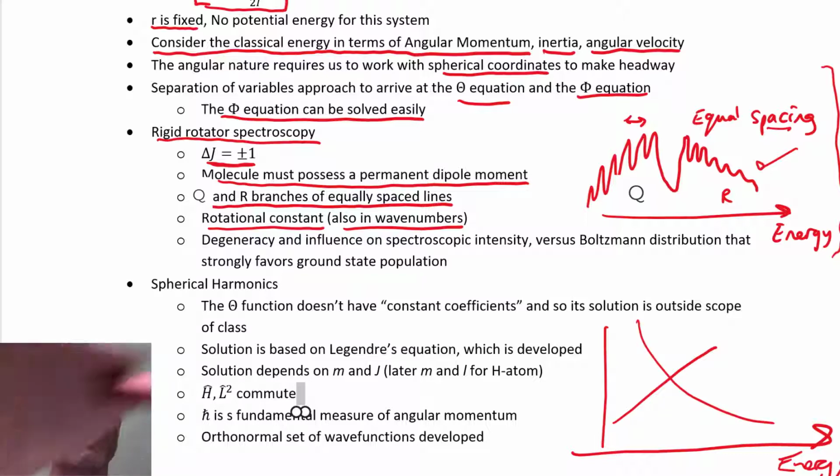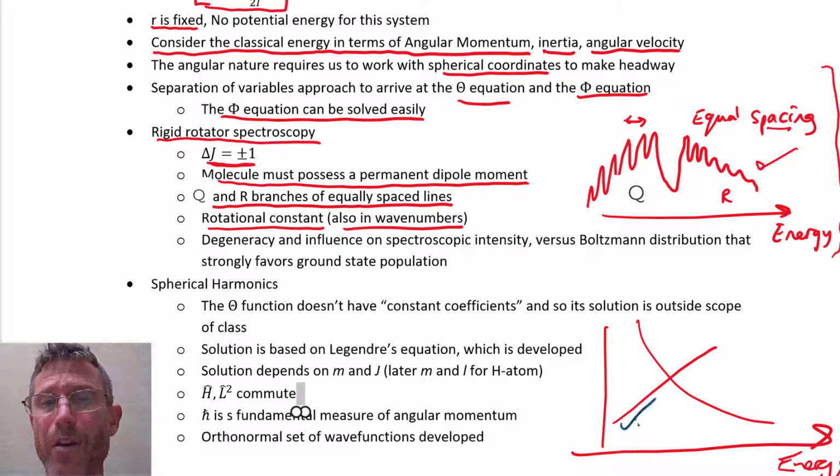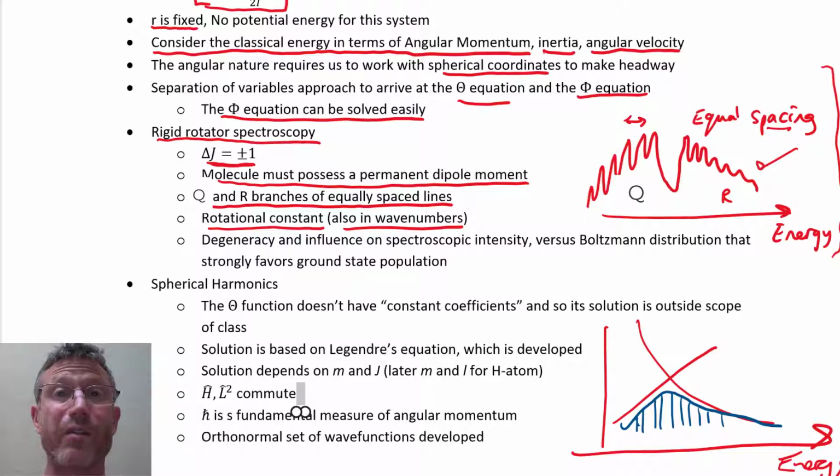And so when you couple those two things together, you end up getting an overall shape that looks like the blue curve in here, and then we have these equally spaced lines. And that's what the rigid rotor spectroscopy looks like. We can usually find it within the spectral features of an infrared spectrum.